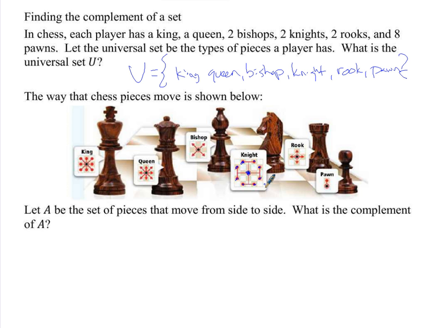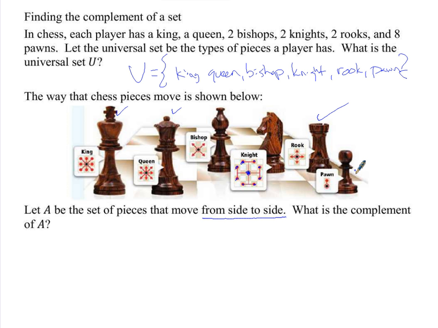And then you use those pieces to take your opponent's pieces and eventually try to capture his king. Let A be the set of pieces that moves from side to side. What is the complement of A? Well, what pieces move from side to side? Does the king move from side to side? He can. Does the queen? Does the bishop? No. Does the knight? No. Does the rook? Yes. Does the pawn?